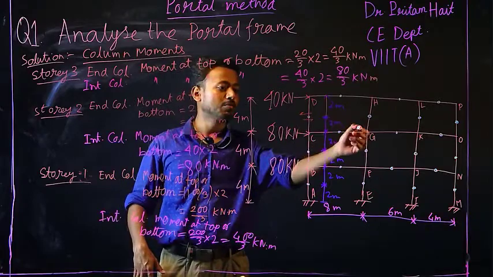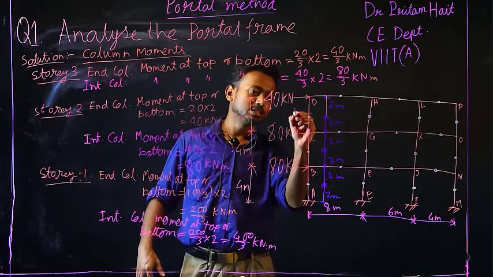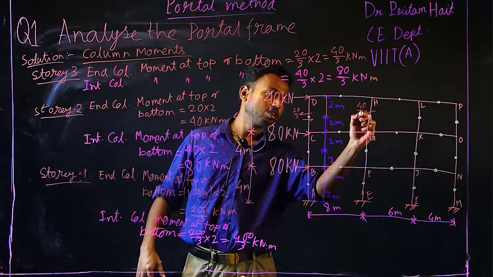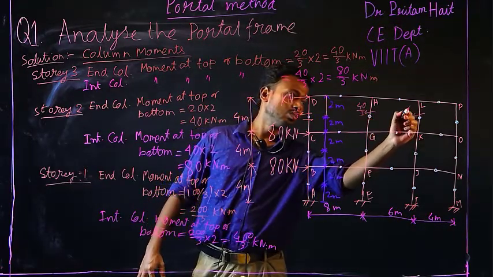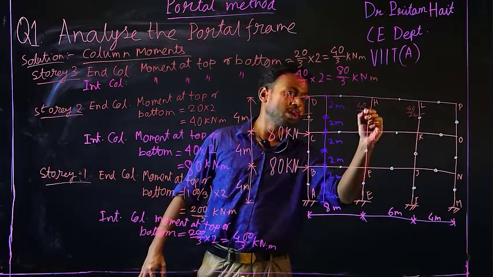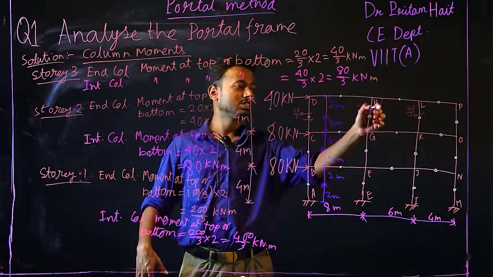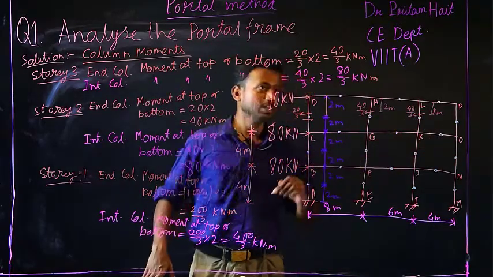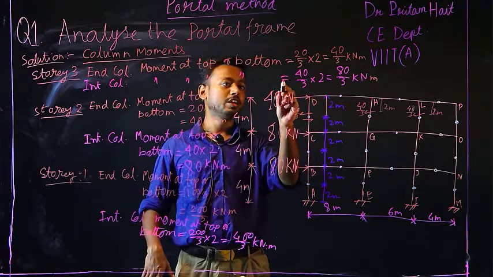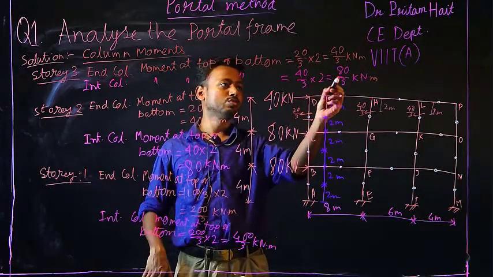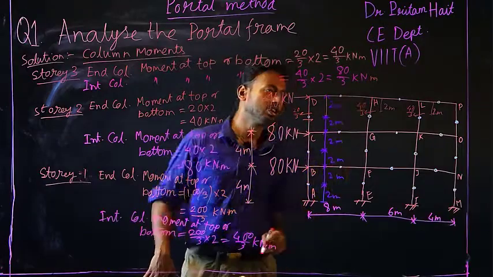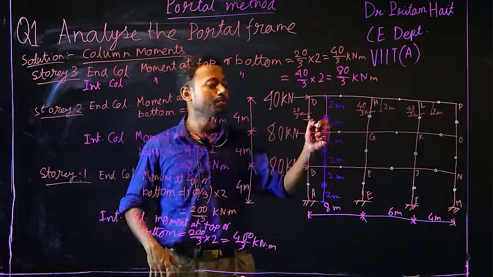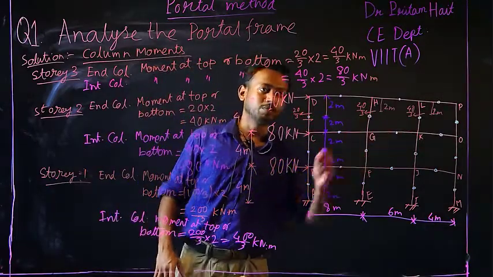For the intermediate column, this shear force will be 40 by 3. If you multiply this force with this distance, that is 2 meter, you will get the moment at intermediate columns, that is 40 by 3 into 2, that is 80 by 3 kilonewton meter. In this way we can calculate the moment at the end column as well as the intermediate column for the third story.